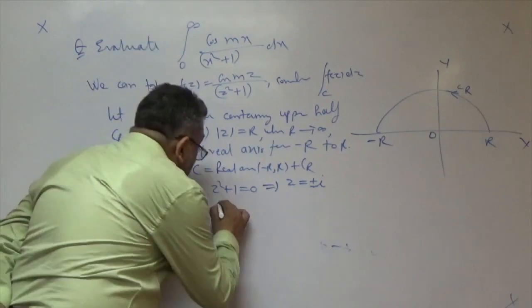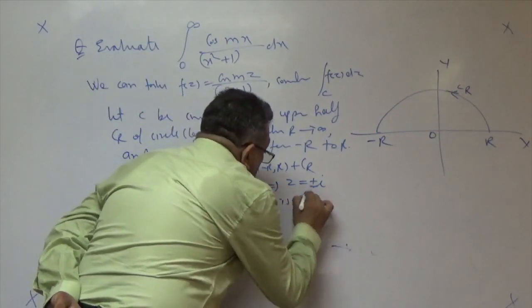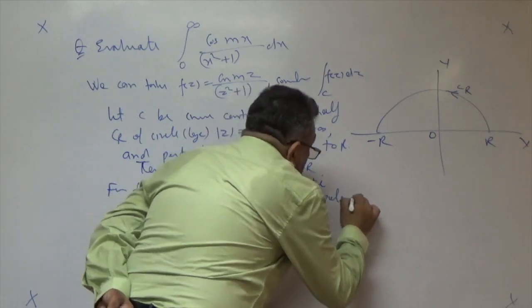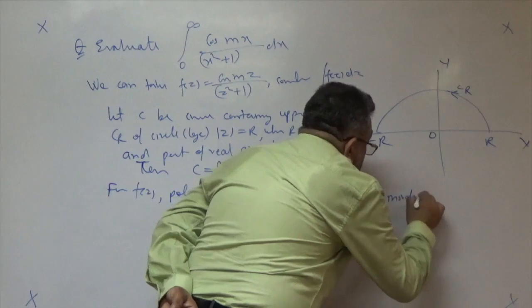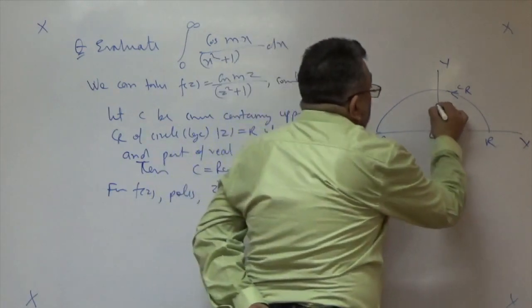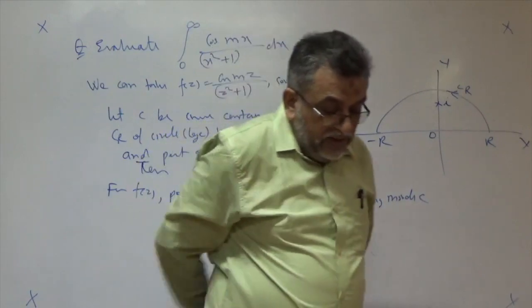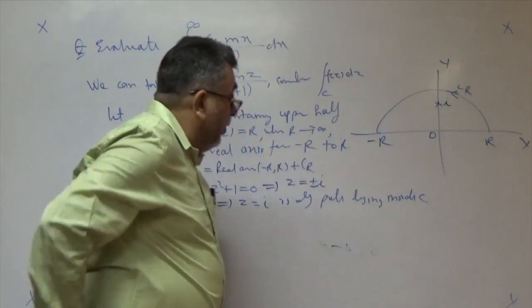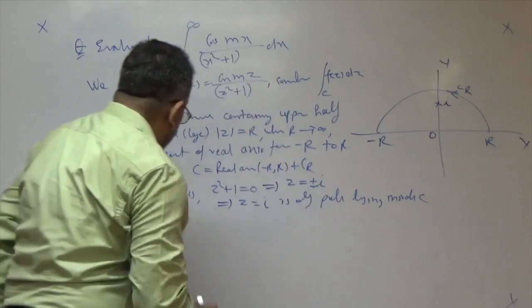And from here we see that z equal to i is the only pole lying inside C, that is on the imaginary axis. This is i. This is the pole which lies inside C. Now calculate the residue at that pole by formula.